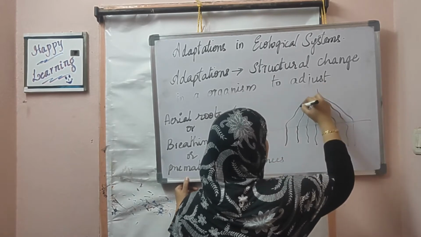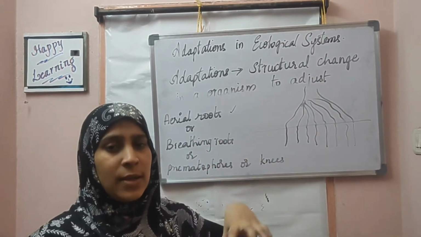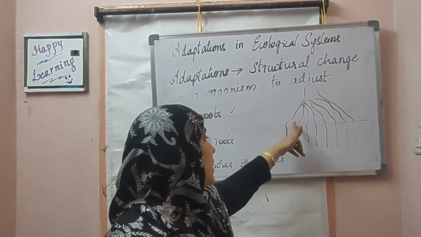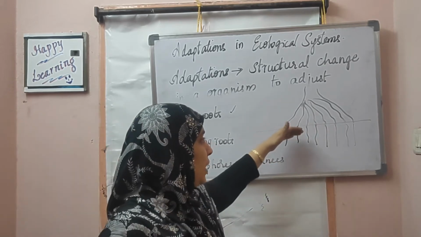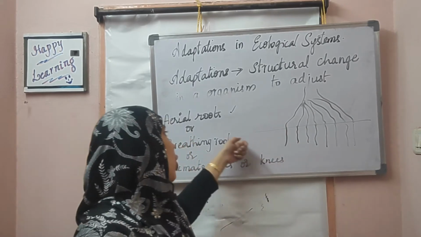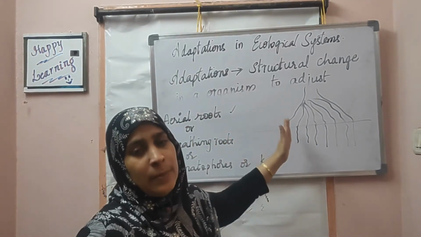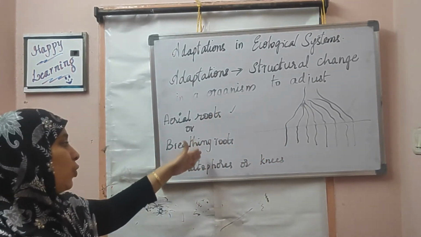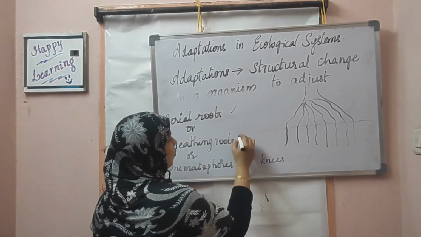Apart from the roots that fix the plant into the soil, there are some extra roots that grow out of the soil. Since these roots are growing in the air, not in the soil, they are called aerial roots. Since these roots help in root respiration, they are called breathing roots or respiratory roots.